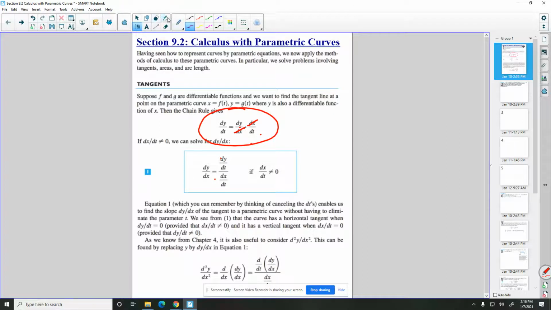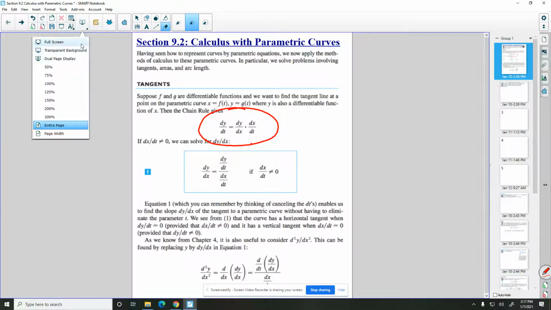From that point, you create the formula for the derivative of a parametric function by solving this equation for dy/dx, which means dividing by dx/dt. So your formula is dy/dx equals dy/dt divided by dx/dt. That simply means take the derivative of the y equation and divide by the derivative of the x equation, and you have your derivative.